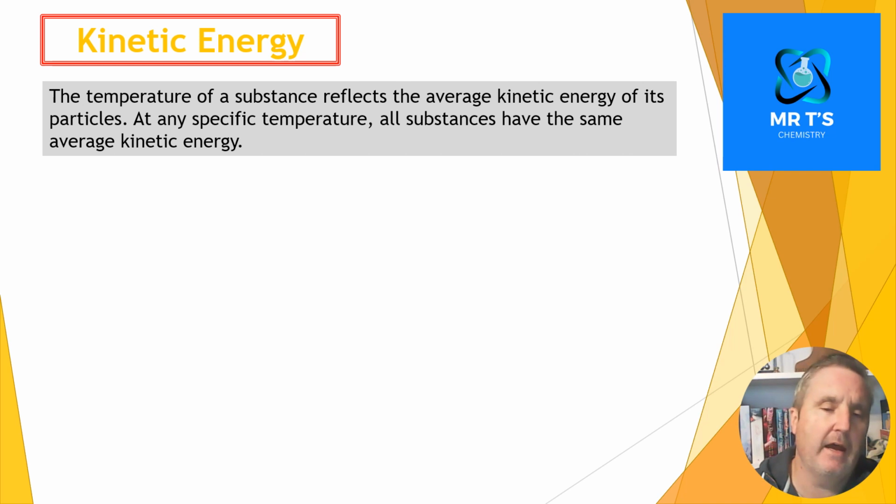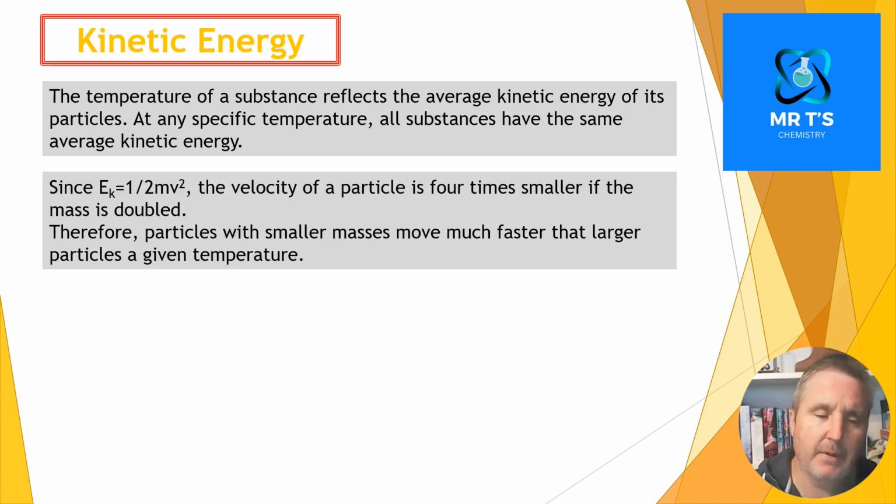And if we had some oil, each particle would have the same average kinetic energy. Or if we look at a mixture of air, all the different particles in air have the same average kinetic energy.